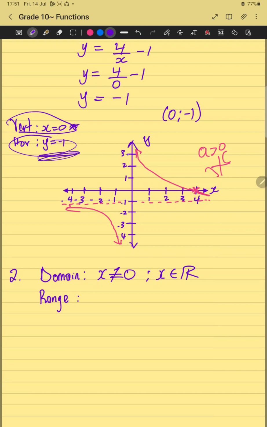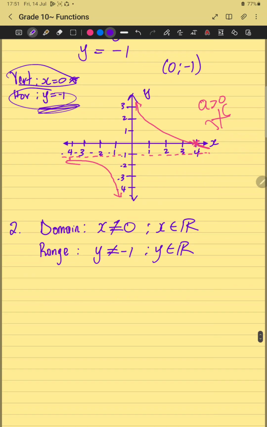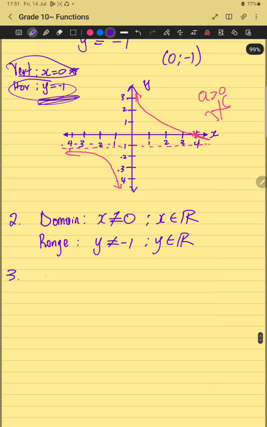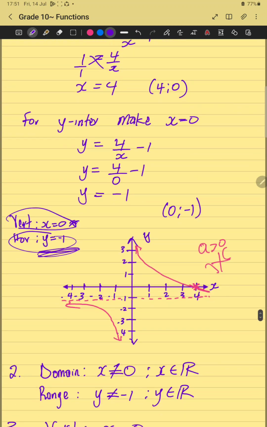If you check here, it is equal to -1, but here we're going to say y is not equal to -1. Therefore y is an element of real numbers. We're done. And the next question is to write down the asymptotes. That is number 3. So we just say the vertical asymptote is x equal to 0, and the horizontal asymptote is y equal to -1. And the fourth question: write down the axes of symmetry.